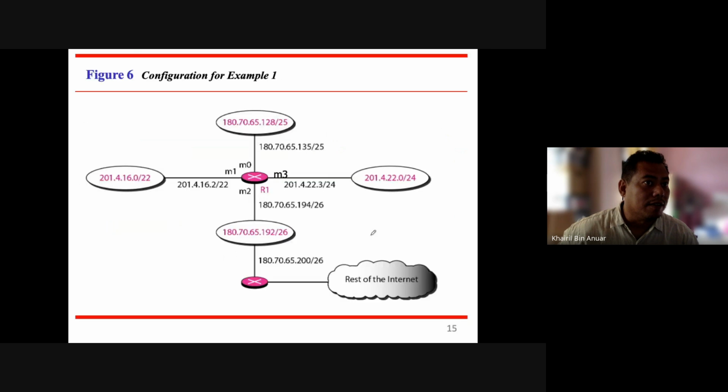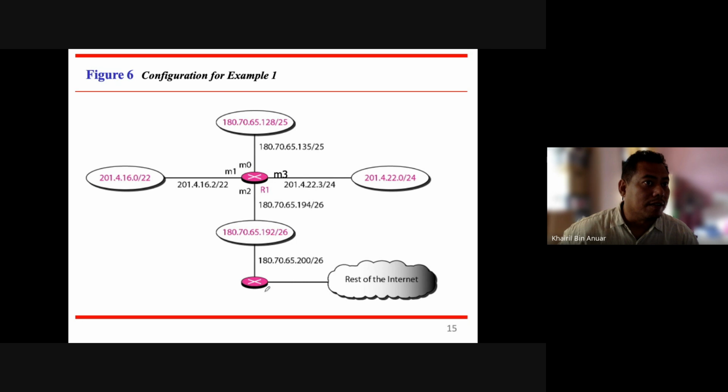This discussion will respond to this diagram. In this diagram you have 2 routers. One is router 1, and the other we will say is router 2, though it isn't listed as router 2, but we can say that it is.